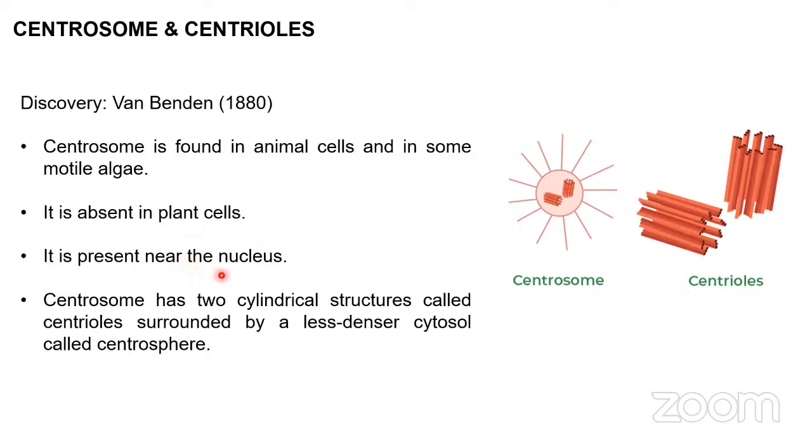Centrosomes are present near the nucleus. It has two cylindrical structures called the centrioles that are surrounded by a less dense cytosol called the centrosphere. So this is the structure of the centrosome, where we can see two cylindrical structures that we call centrioles, shown on the right side of the figure.